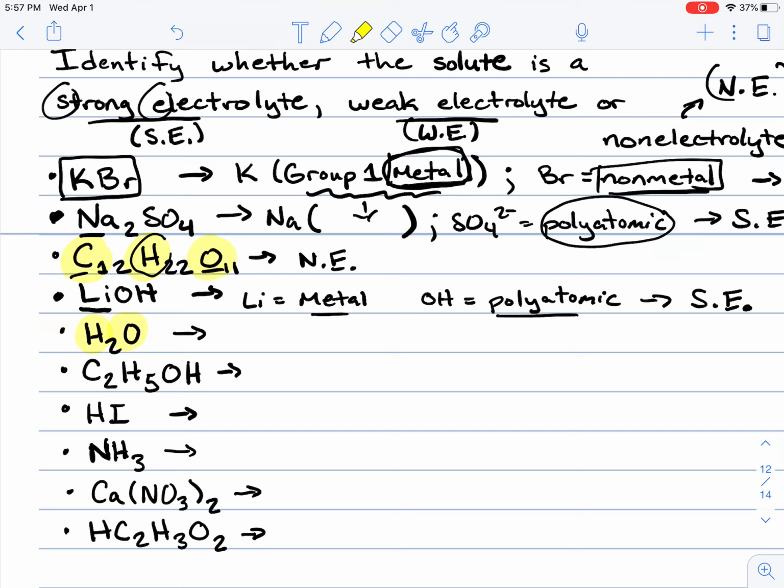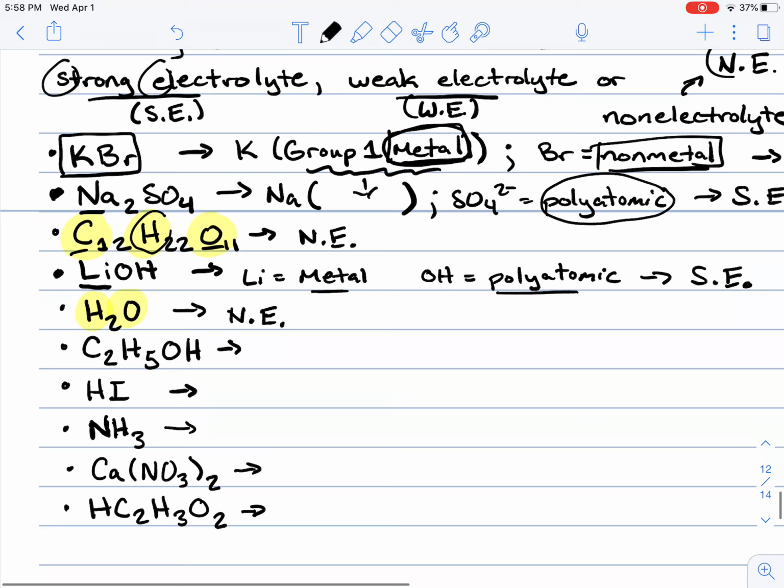Since they're both nonmetals, and it's not found in our weak electrolyte list, this is going to be a non-electrolyte. And once you've identified it's a non-electrolyte, you don't really need to do anything else to it.